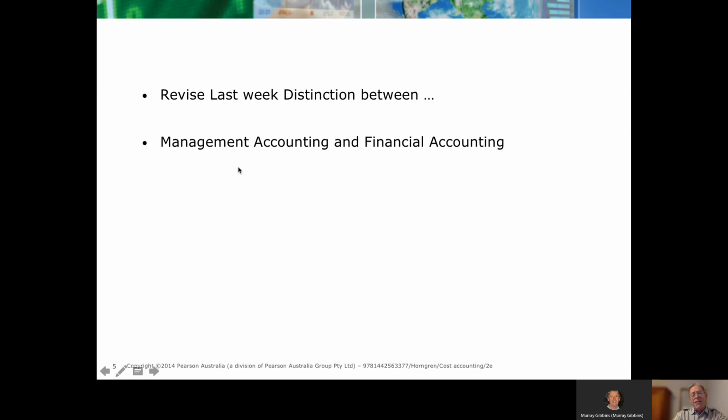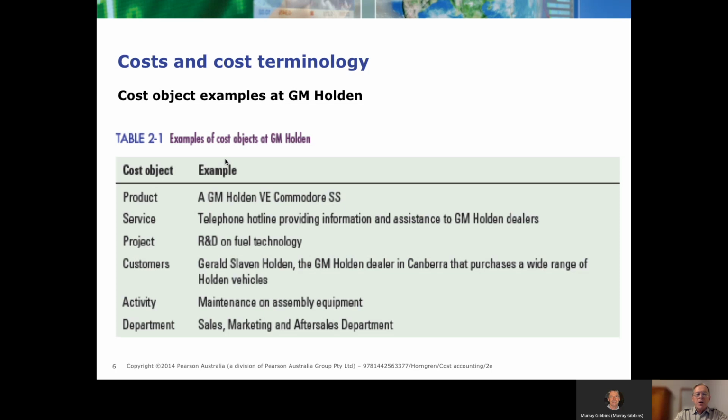There's a lot more freedom. We're not bound by generally accepted accounting principles. The third distinction is that financial accounting is reporting for external parties, for shareholders and others outside the firm. Management accounting primarily is preparing reports for management, internal use. So those are the three areas to distinguish.